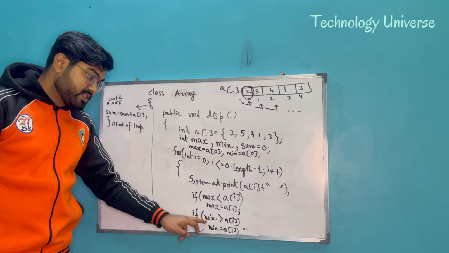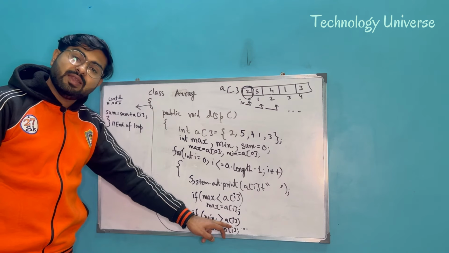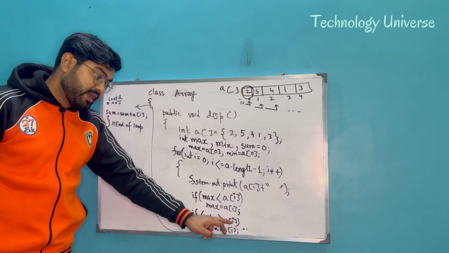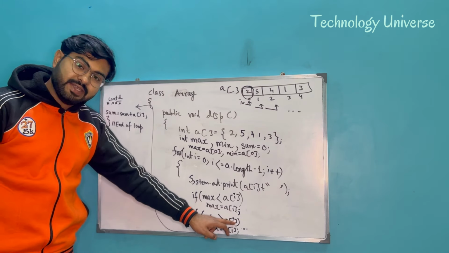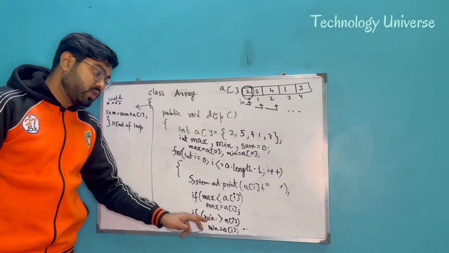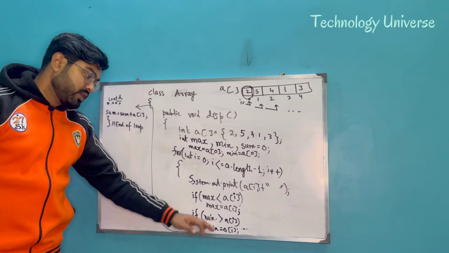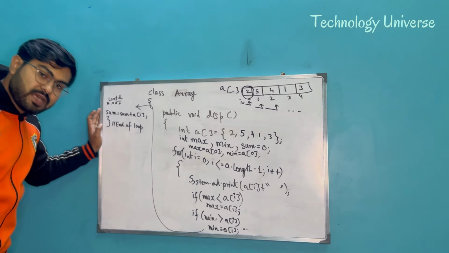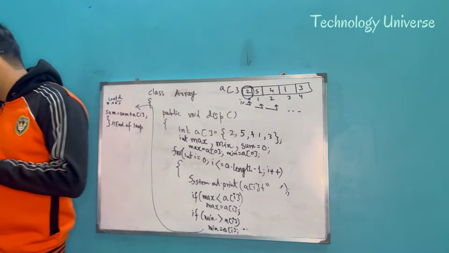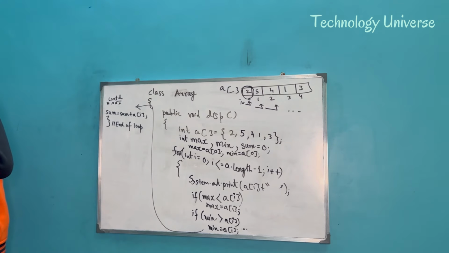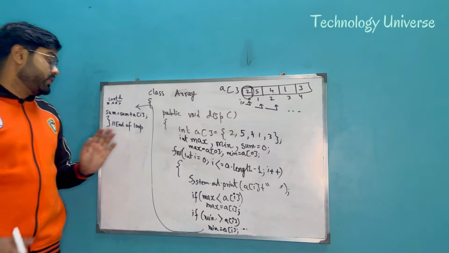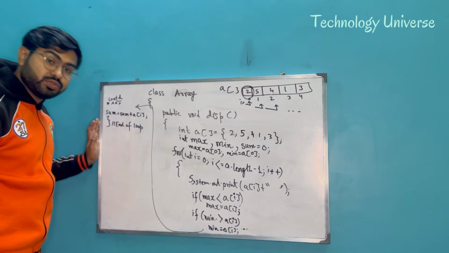If min is greater than this number, that means A of I, the element present in the ith index of the array, is smaller than min, so A of I would be stored in minimum. And at the last I am finding the sum of the elements, since the question asks to find the sum of the elements also. So we would find the sum here and we would close the loop.